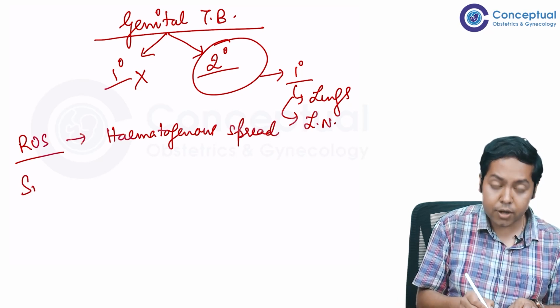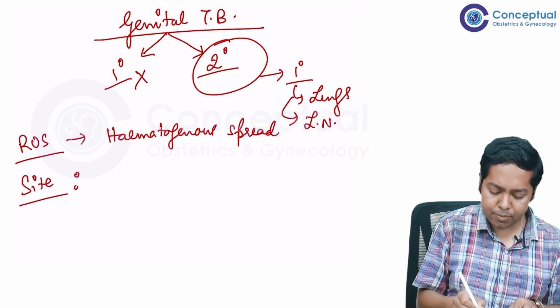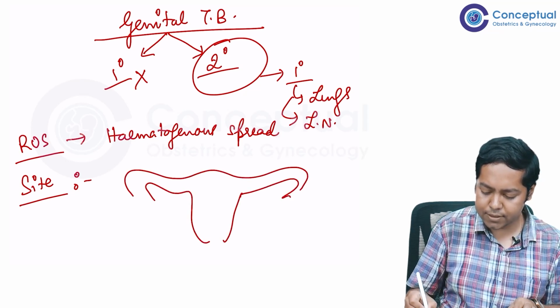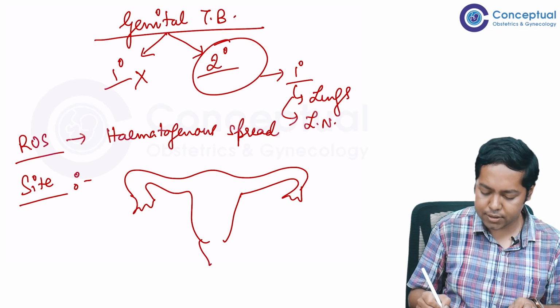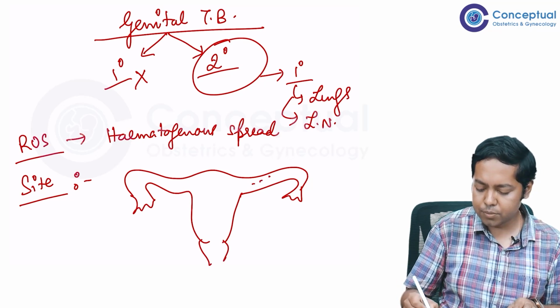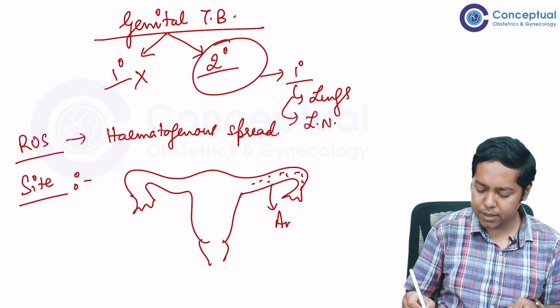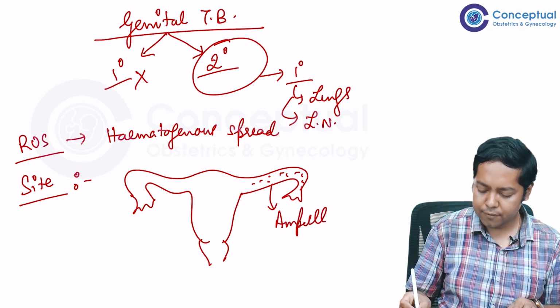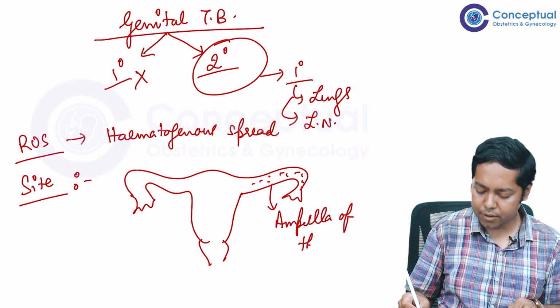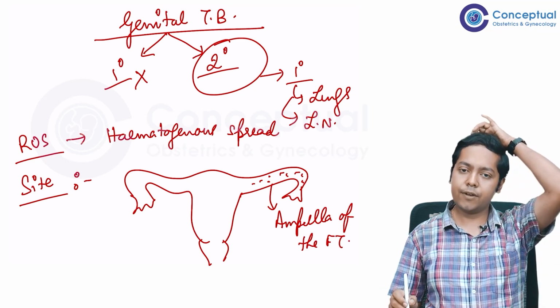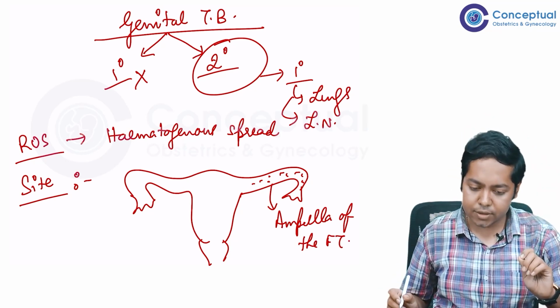Okay. So what is the most common site? The most common site are the fallopian tubes. So if this is your uterus, cervix and vagina, the most common site are the fallopian tubes. Which part of the fallopian tube? The ampulla of the fallopian tube is the most common site of affection by genital tuberculosis.